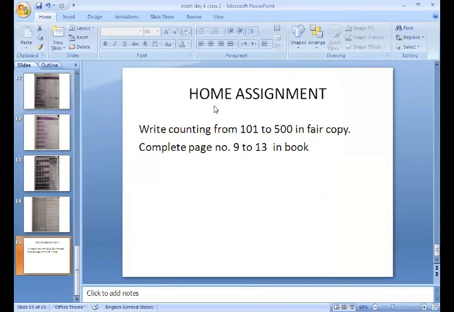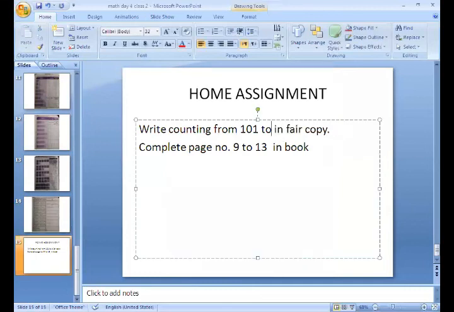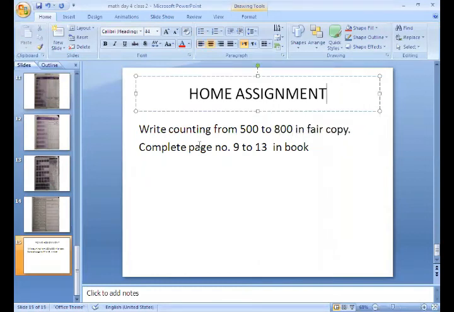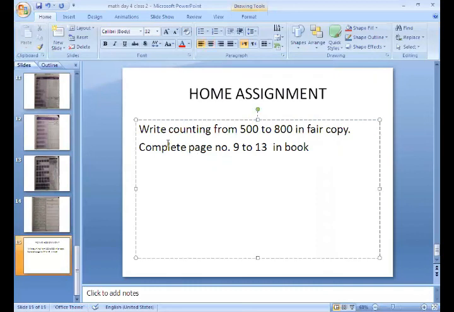Now note down your home assignment. You will write counting from 101 to 500. Note down your home assignment. You will write the counting from 500 to 800 in your fair copies.